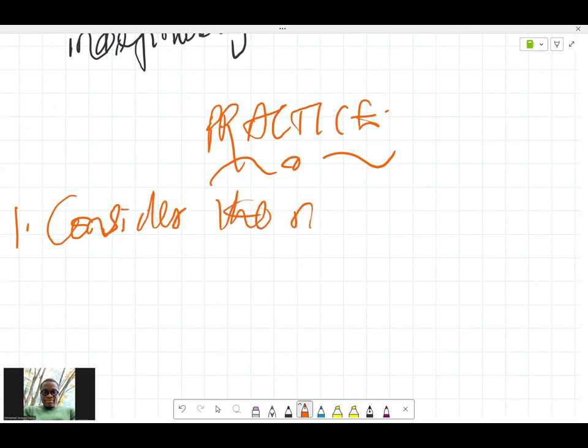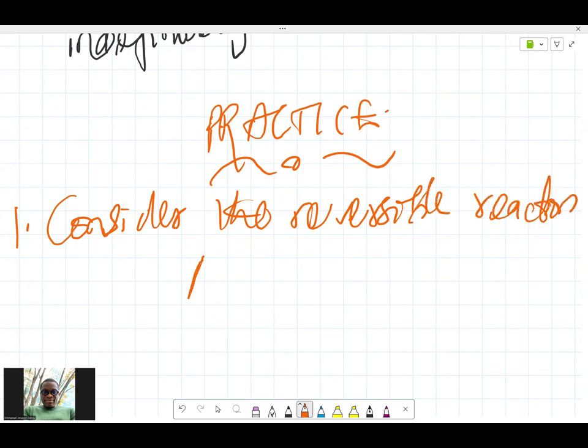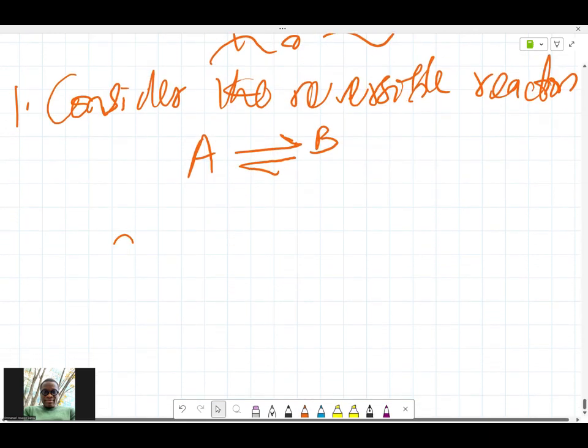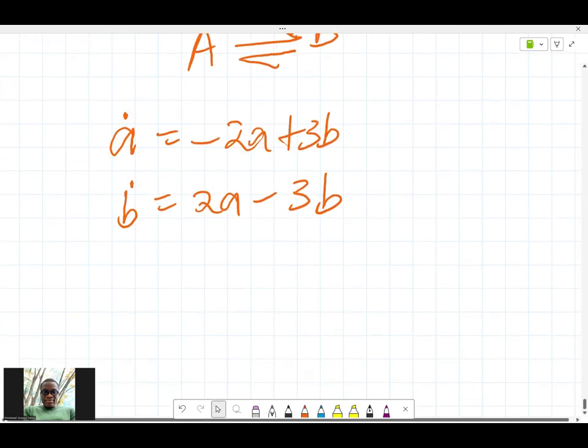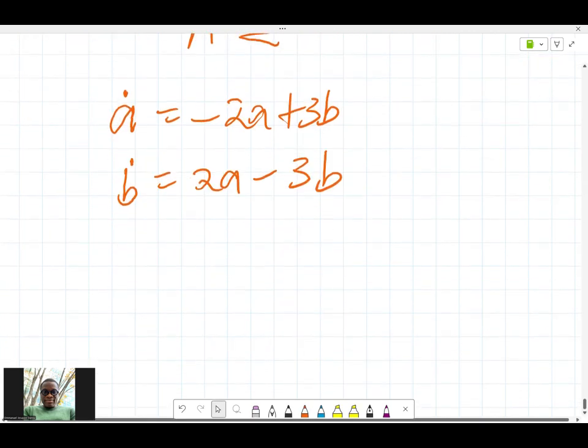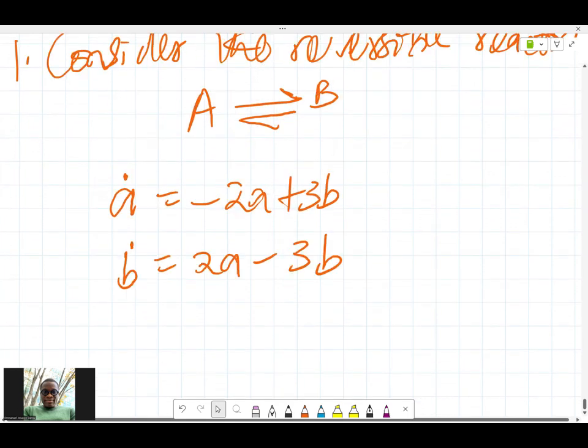Consider the reversible reaction where A goes to B and B can go back to A, governed by A dot equals minus 2A plus 3B, and B dot equals 2A minus 3B. For a reversible reaction, the structure is always like this. So don't forget there's an A naught that helps your understanding.